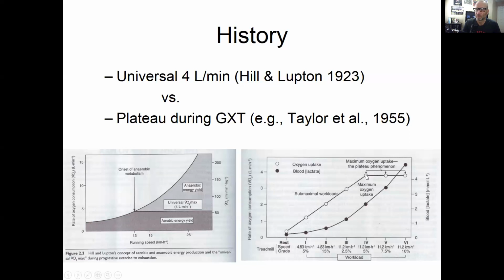What they hypothesized is that this plateau represented the maximum rate that a person could use to convert chemical energy to mechanical energy, and that this was relative to each person. It was not necessarily 4 liters per minute, but relative to each individual.